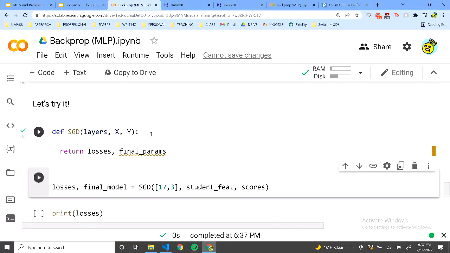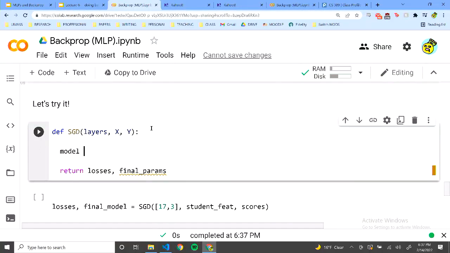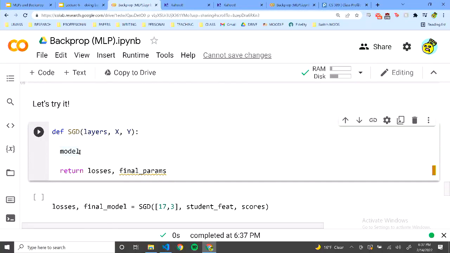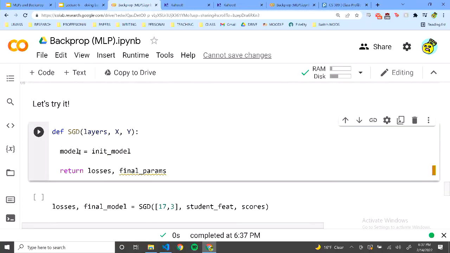So we want to initialize our model. First, we need to say that our model is going to be equal to our initialized model. Recall what the output of that was: a dictionary.